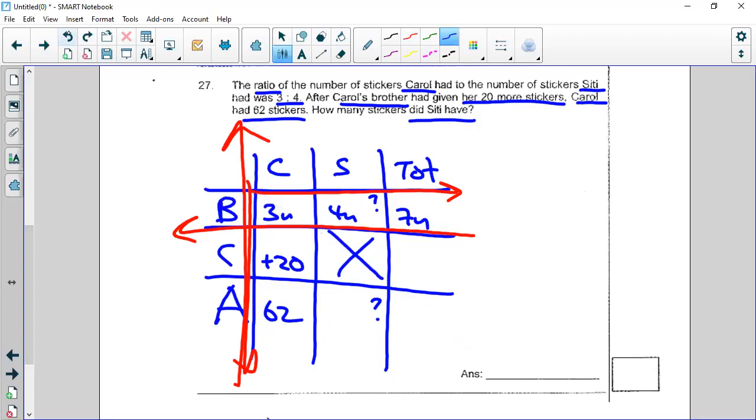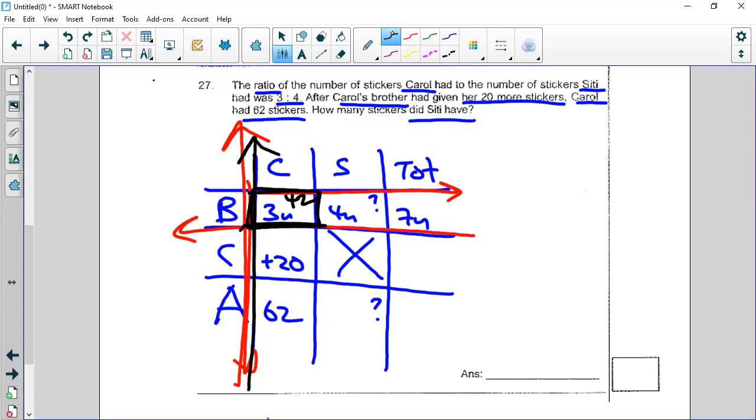Okay, so once you understand that already, then what do we do? Very simple. Look at my black color arrow. Work backwards. 62 minus 20, 42. So Carol had 42 at first. Okay, next thing to know about table. Actually, there's a lot of things to know about table as it gets harder, but this is an introduction to how you use a table. The table has boxes.